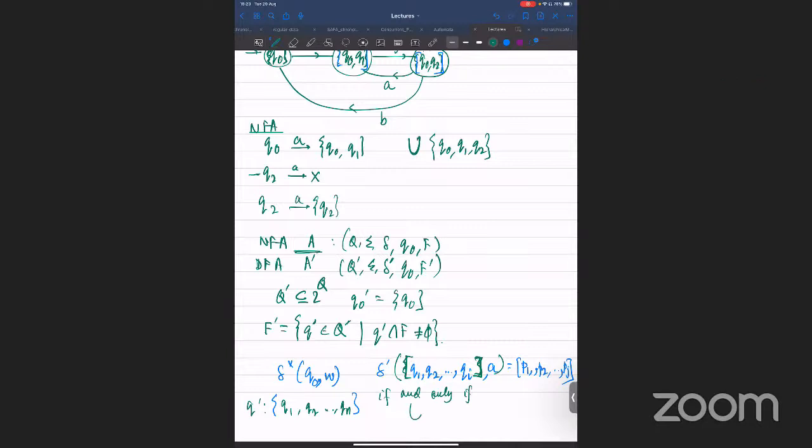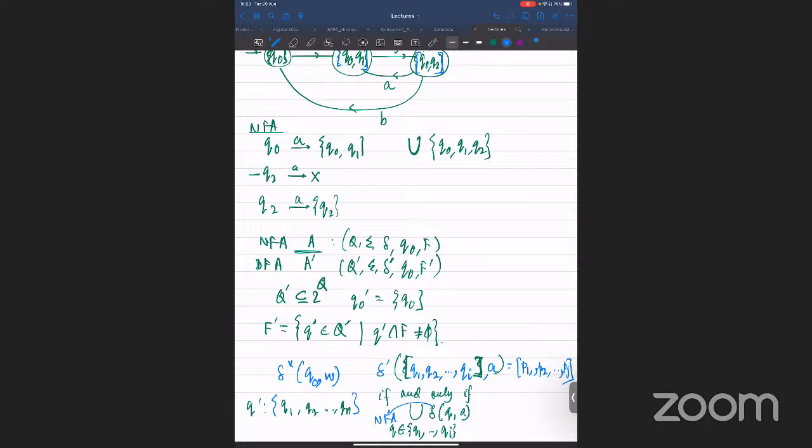So I can write it in this form: if and only if the union of delta of Q comma A, such that Q is an element of the set Q1 to Qi, is the set P1 to Pj. Remember that delta comes from the NFA.